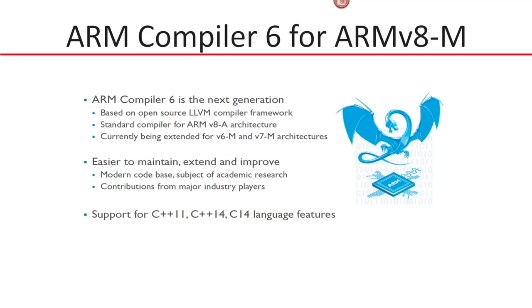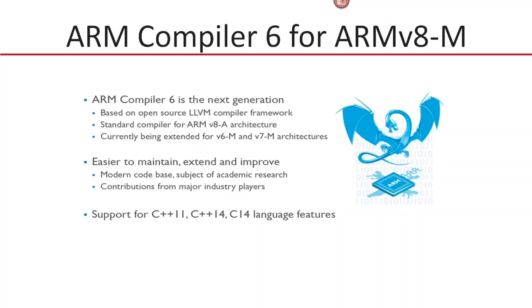It already includes the ARM compiler 6, which is necessary to generate the additional instructions to support the ARMv8 architecture. Currently this is a bit of a beta release, but it's there and functional, and it's being optimized so that it should be ready in time when the actual hardware arrives.